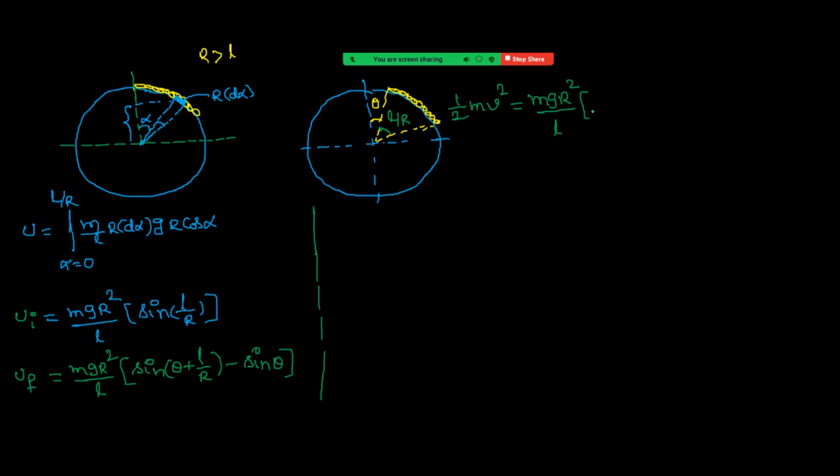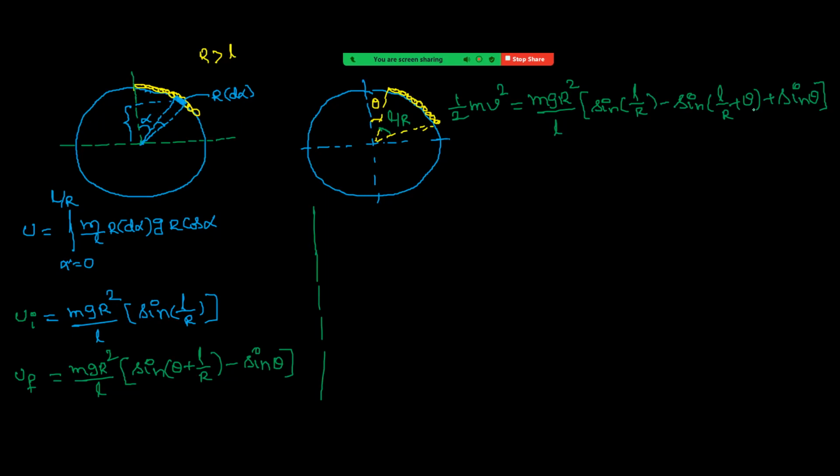Remaining is sin L by R minus sin of L by R plus theta. Minus of minus becomes a plus sin theta. That is the kinetic energy.